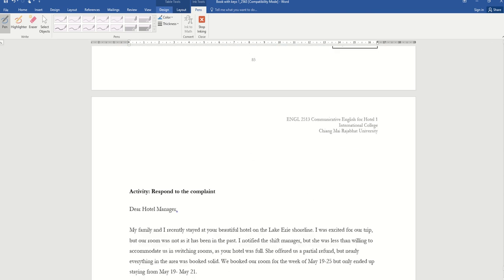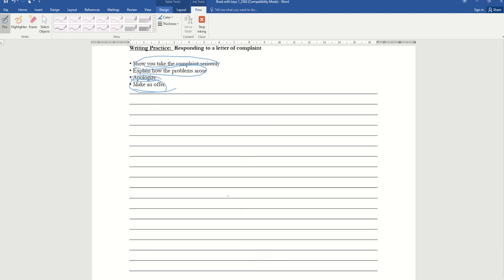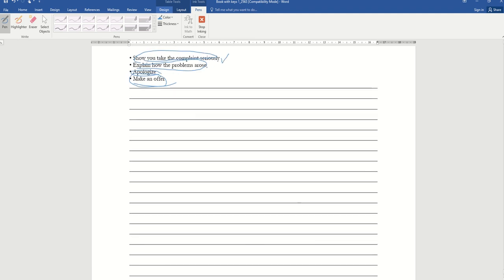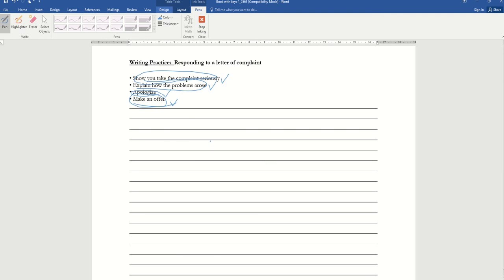You have to follow 1, 2, 3, and 4 by using useful expressions. Examples are from page 83. And also examples or sentences, useful expressions can be applied from page 84 and 85.